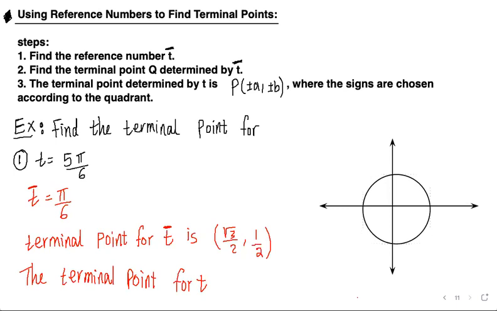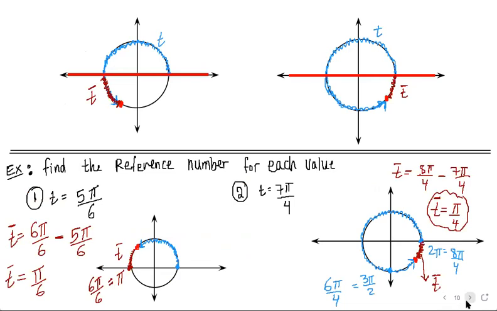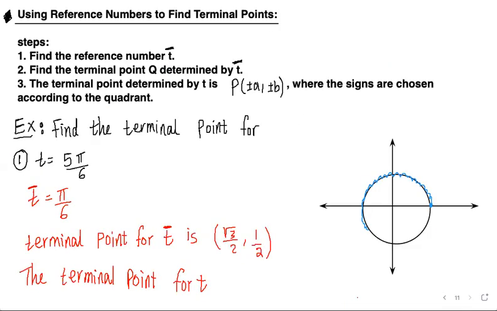Again, I start from this point and turn around. It's 5 pi over 6, in the second quadrant. I move around and stop up to here. This is my terminal point. So the terminal point is B.